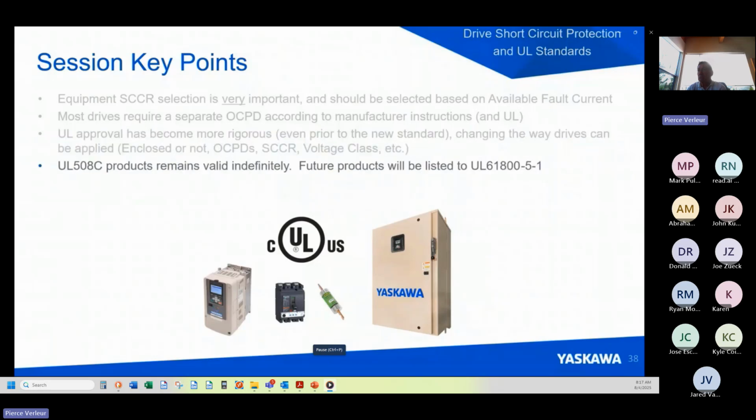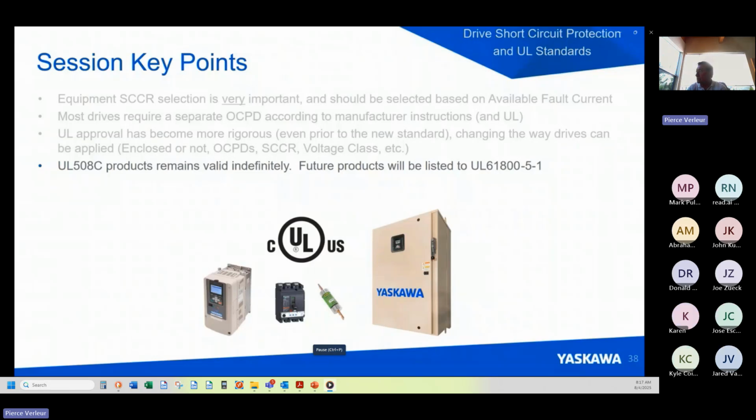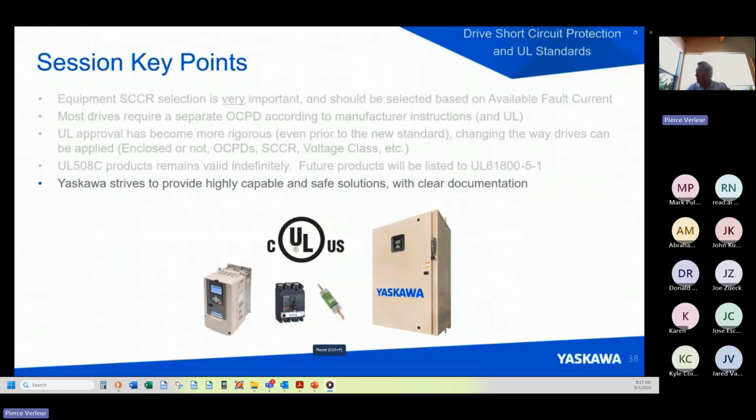UL 508C products remain valid indefinitely, and future products will be listed to the new standard, which a lot of us are just referring to as 61800-5-1. And lastly, Yaskawa strives to provide highly reliable and safe solutions with clear, very clear documentation.